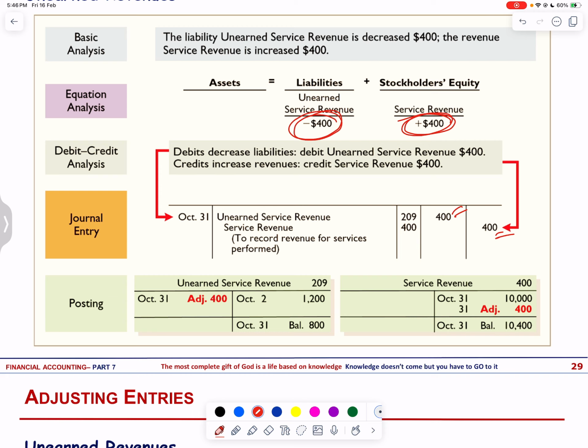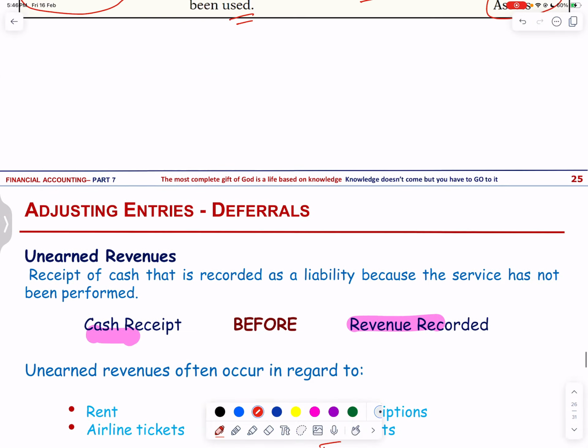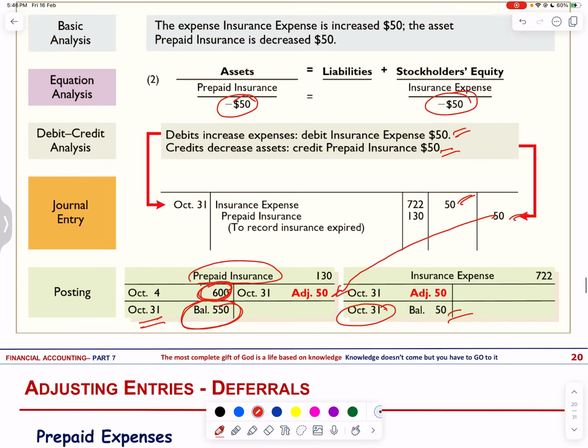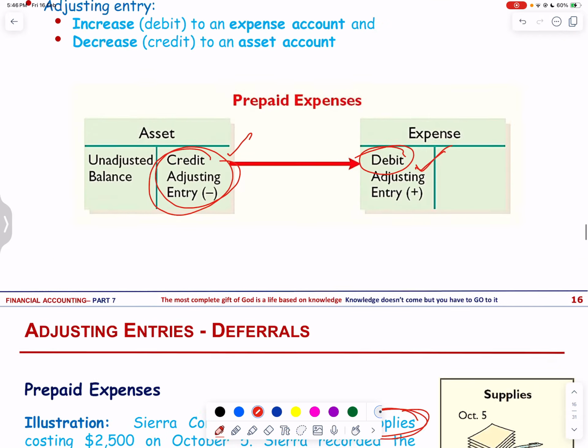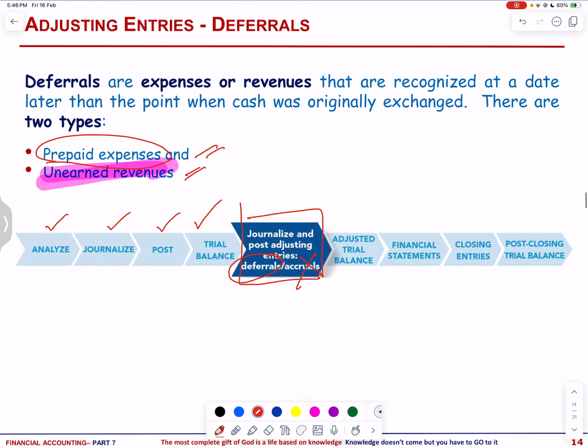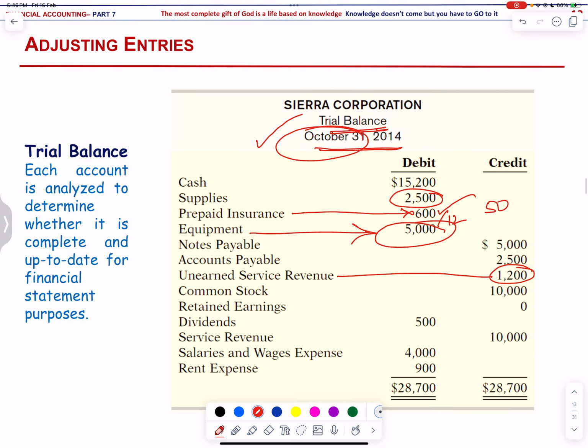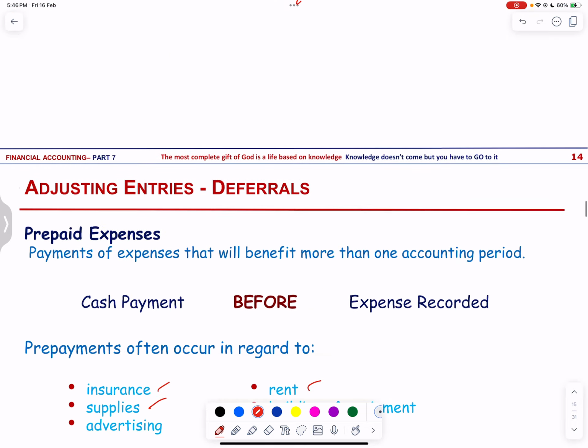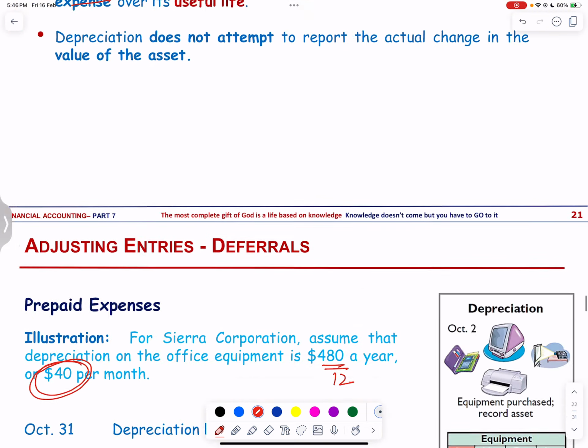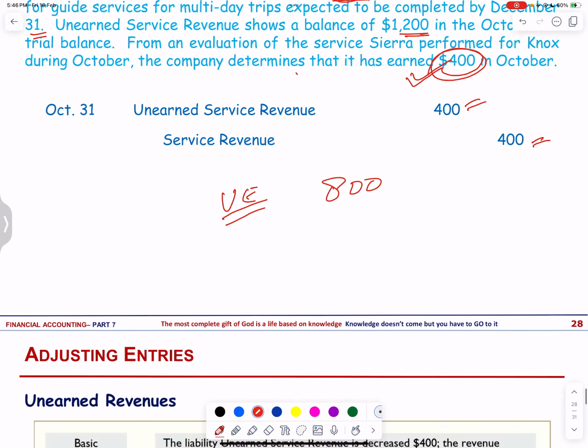Now if you look at the service revenue in the trial balance, service revenue is 10,000. But this has to be adjusted because revenue has been credited.